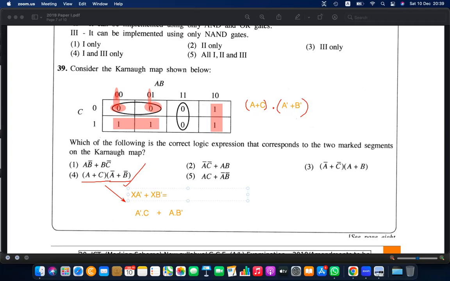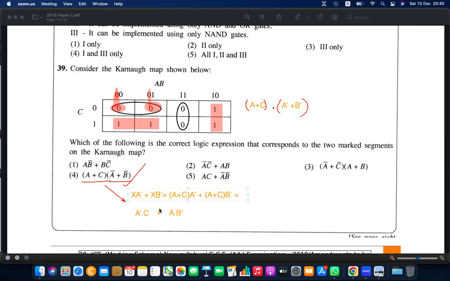So you know what this X is? X is basically A OR C. Then you have A naught. Then this X is again A OR C. There you have B naught.